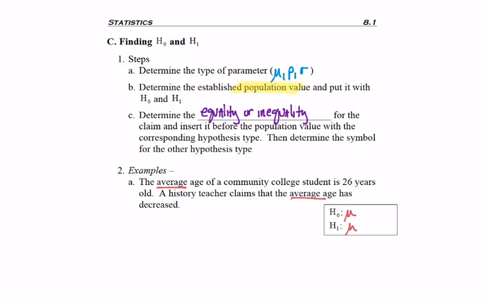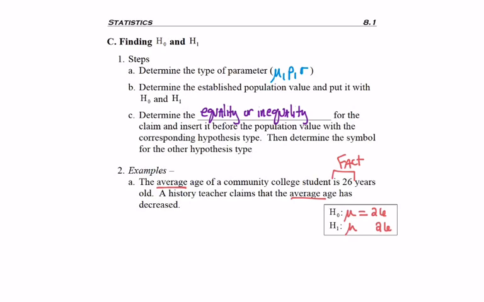Next I want to figure out what that population value is. As I read it, it says the average age is 26. That's my fact. So I need to put equals 26 for the null hypothesis. And if it's 26 with the null, then it's going to be 26 with the alternative, and I can just put 26 right below it.